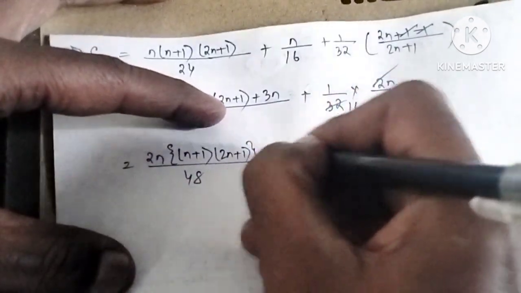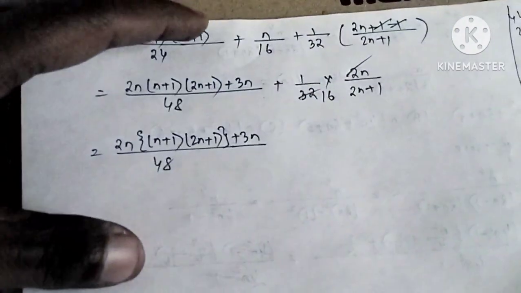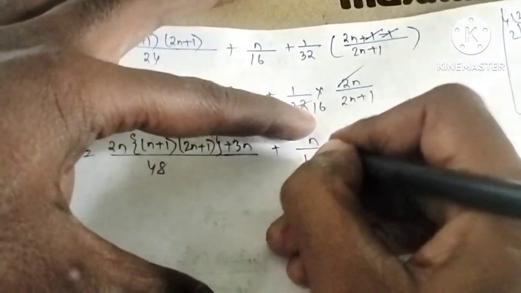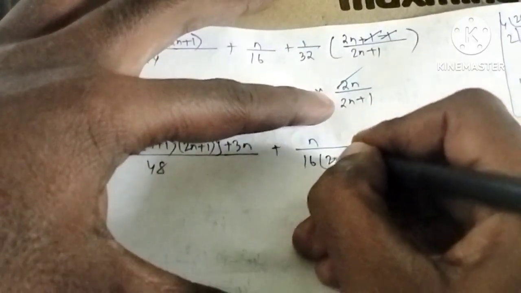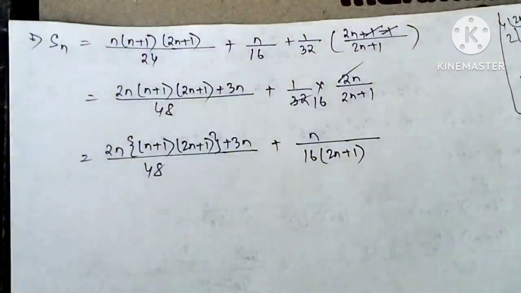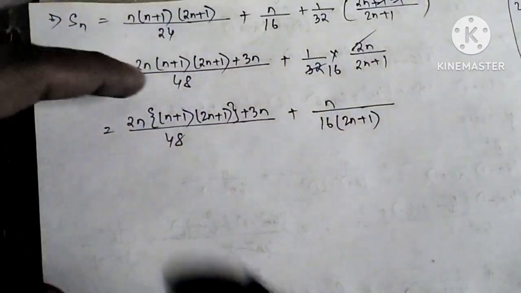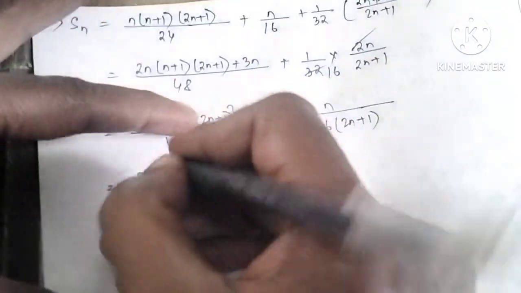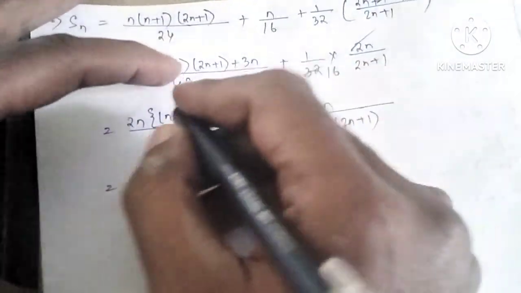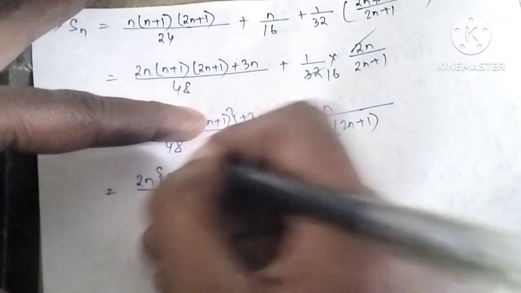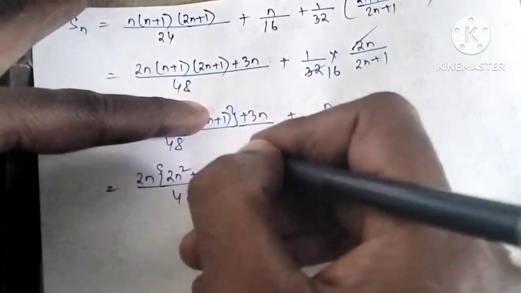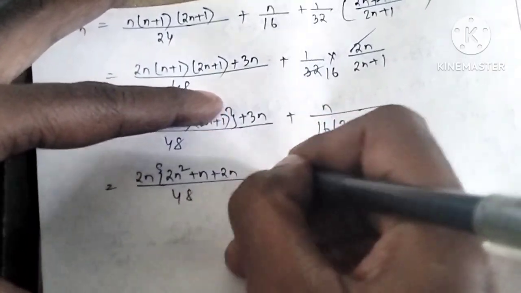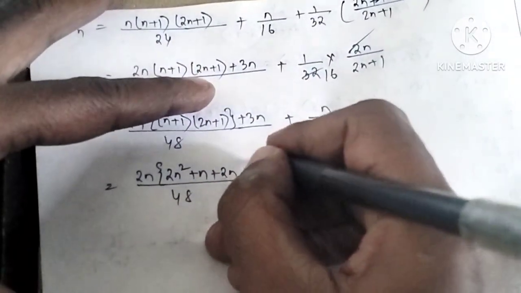Plus 3n, plus n by 16 into 2n plus 1. Now this 48 is the LCM. n into 2n, that is 2n square. n into 1, plus n. 1 into 2n, that is plus 2n. 1 into 1, plus 1.